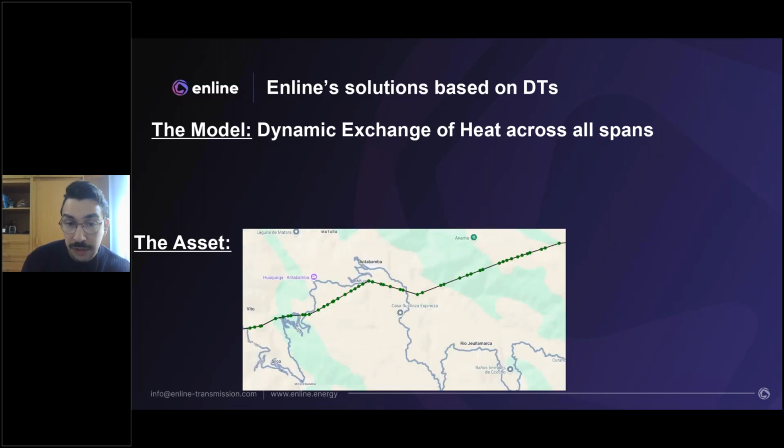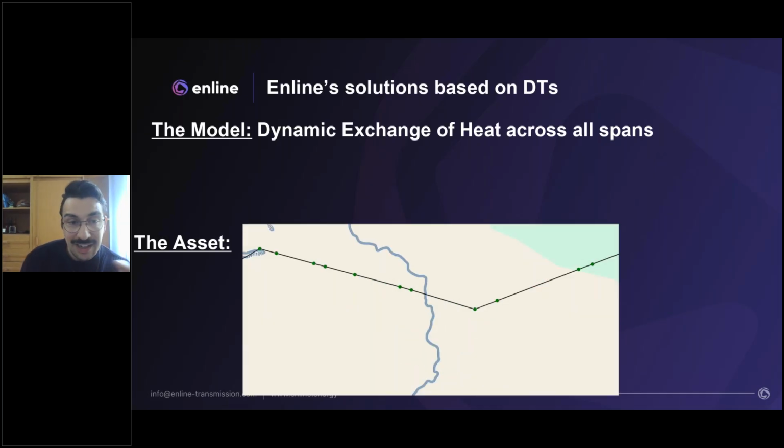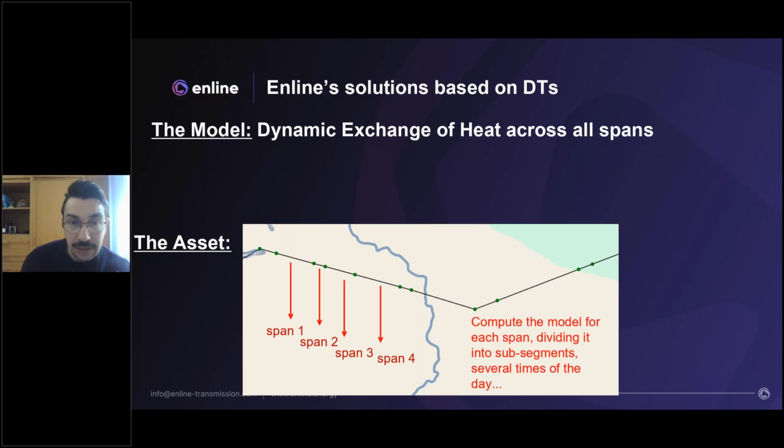And if I zoom in to check the spans and the towers here, I get information from geographical coordinates of each span and also the information of the infrastructure. And I compute this heat exchange model for each span, dividing it into subsegments, and compute this several times of the day. So you can imagine that we have a line. I chop this line into several subsegments, and then I run the model to each one of these segments.